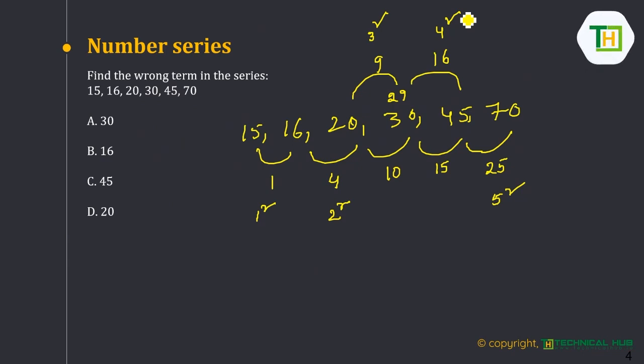So 30 replaces 29, and I can take 30 as the wrong term. So all the differences in the given series are a square number series. So the wrong term is 30.